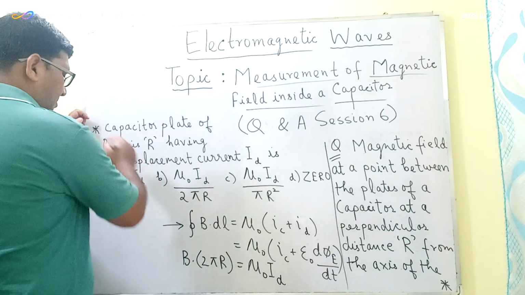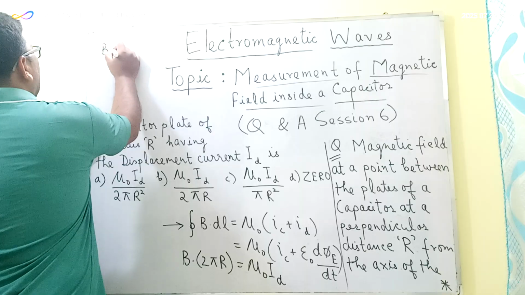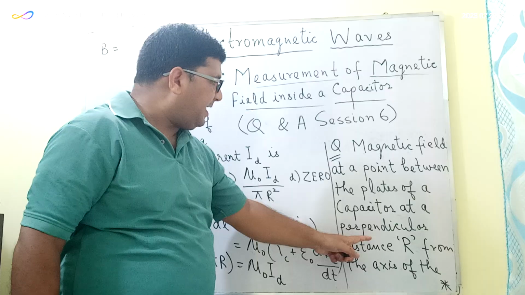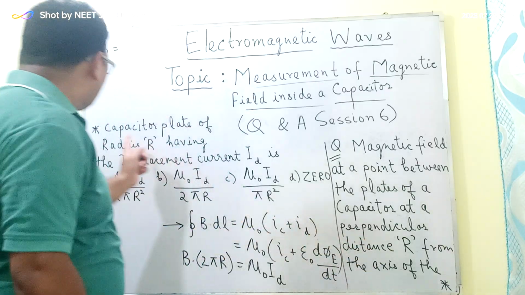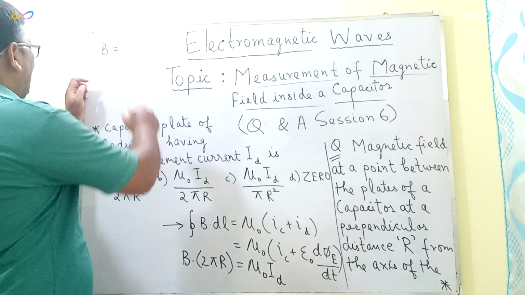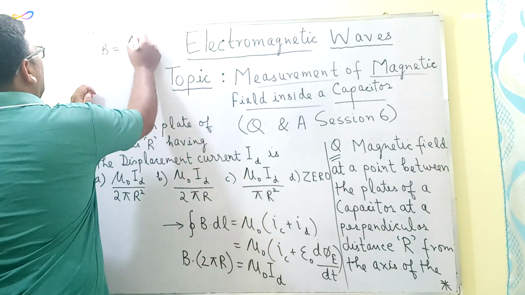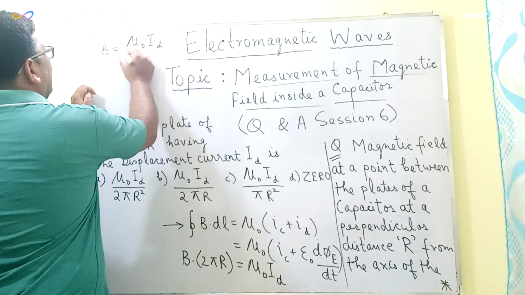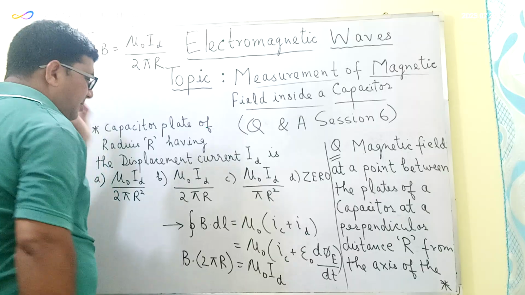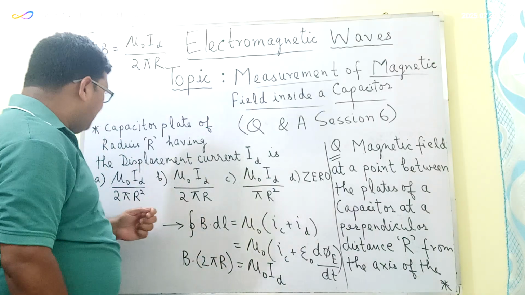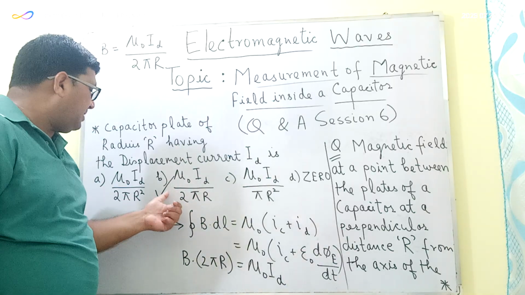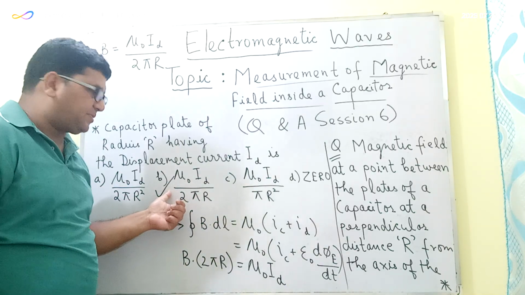So from here, the value of the magnetic field at a point between the plates of the capacitor at a perpendicular distance r from the axis of the capacitor plate of radius R will be equal to mu naught ID divided by 2 pi r. So the correct option here is the B option, that is, the second option.